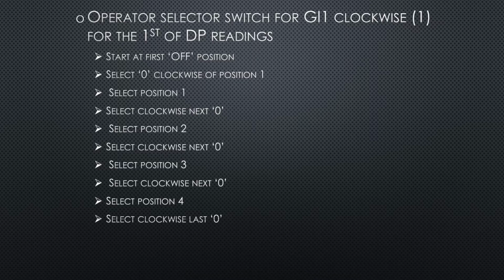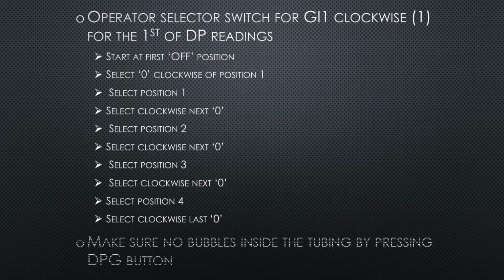Select position 4 and read the change in DP from the previous 0 position as DP expander or reducer plus lamina. Then select clockwise net 0, which is the last 0 and the end of the readings for clockwise 1. Before we take the readings for positions 1, 2, 3 and 4, we must make sure that there is no bubble inside the tubing by pressing the DPG button.